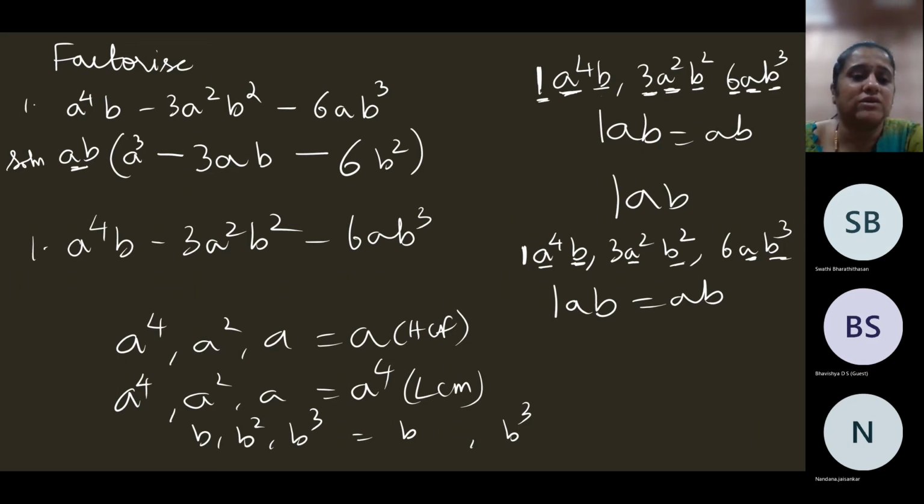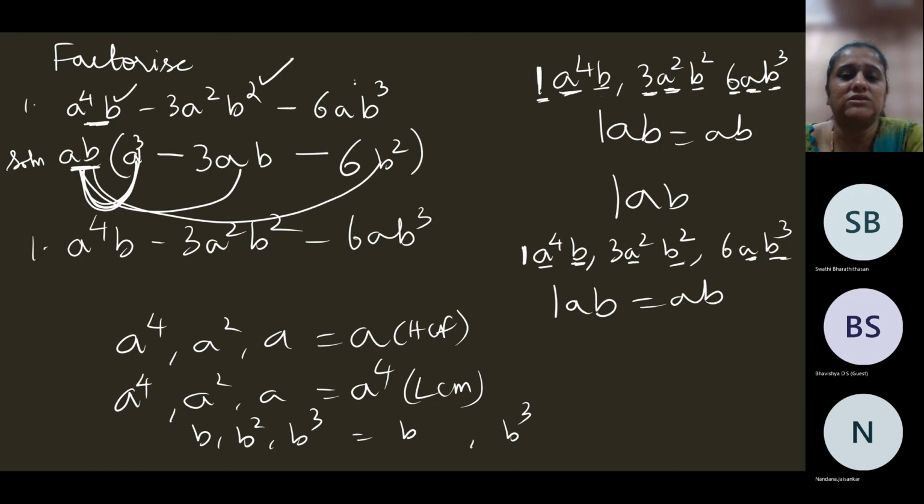Take out the HCF. Now in the bracket, ab into what will give you a to the power 4b? ab into a cubed, because a cubed into a will give you a to the power 4, and b is here. ab into this will give you the second term, and ab into this will give you the third term.